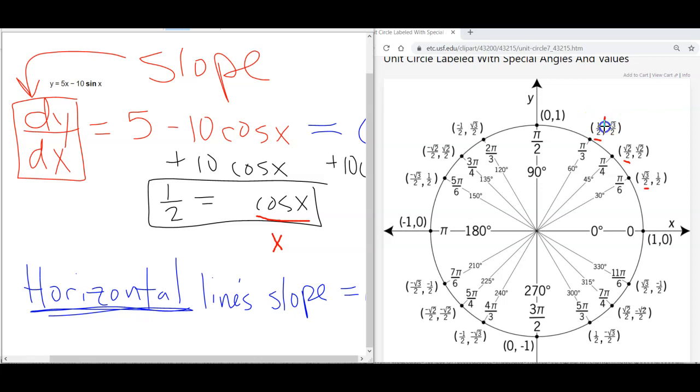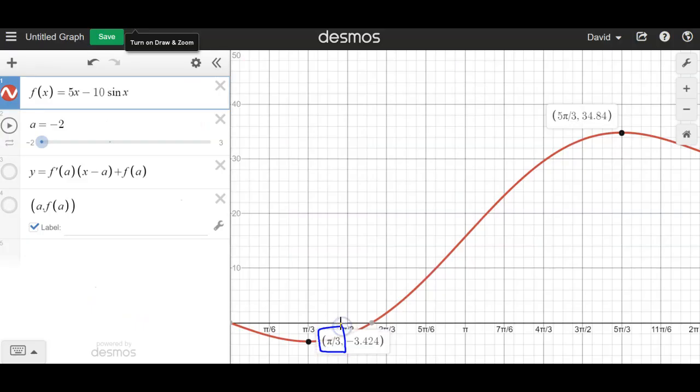We see it happens right here, there's a positive 1/2. If I go down here, there's another positive 1/2. Those are our two solutions. Where is cosine equal to 1/2? That's where these x-coordinates on the unit circle equal 1/2, and that happens at pi/3 and 5pi/3. And that was the solution that we got on Desmos as well.